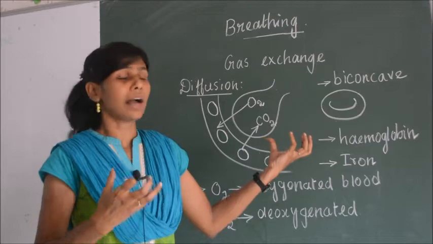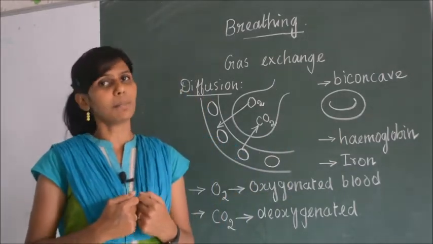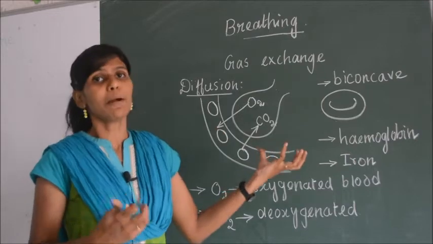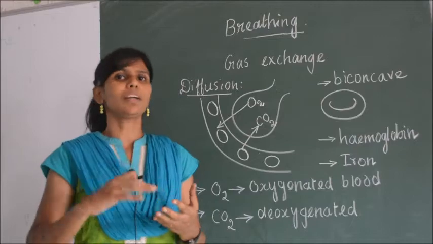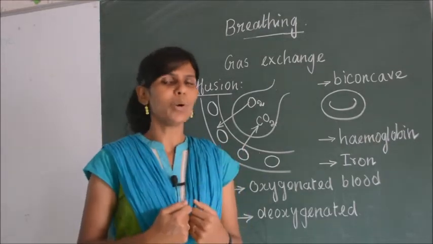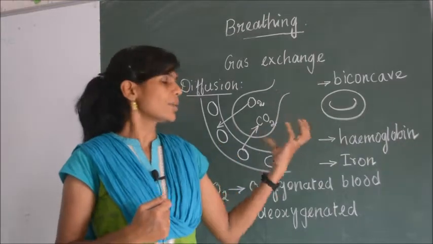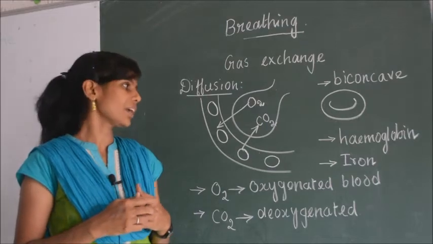And how does this hollow or biconcave shape help your blood? It helps by exposing them to more quantity of gases. A larger surface area will help them hold more gases, so they can carry more oxygen if they are biconcave in shape.